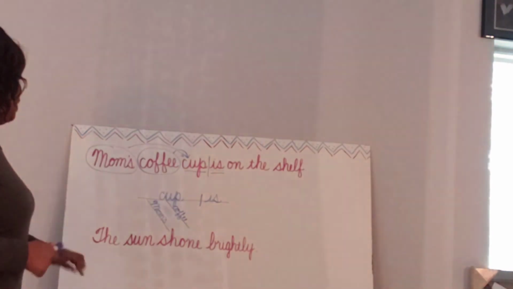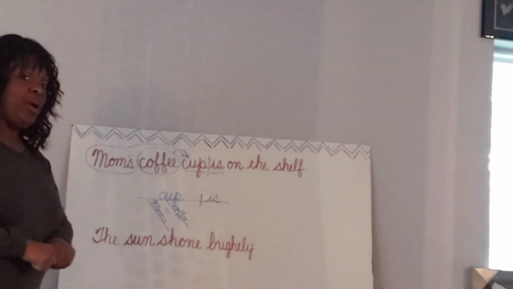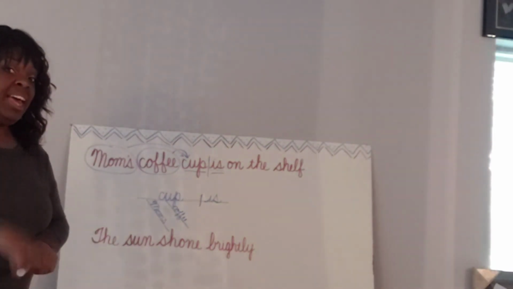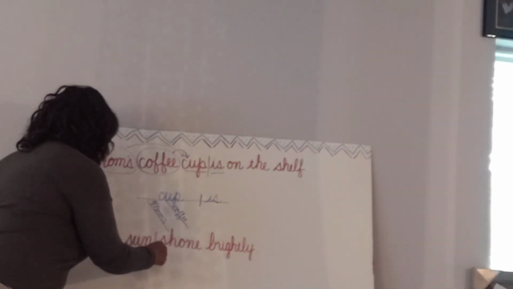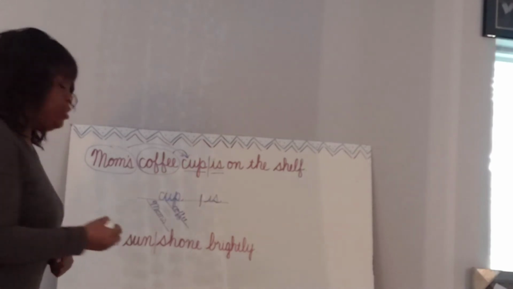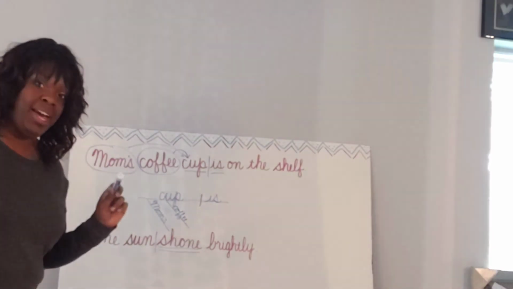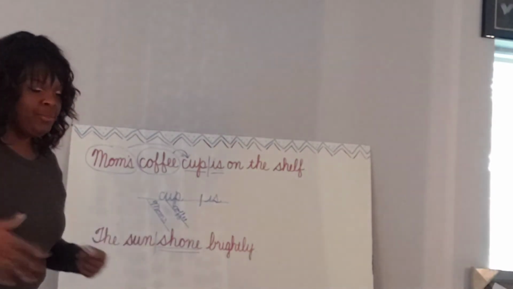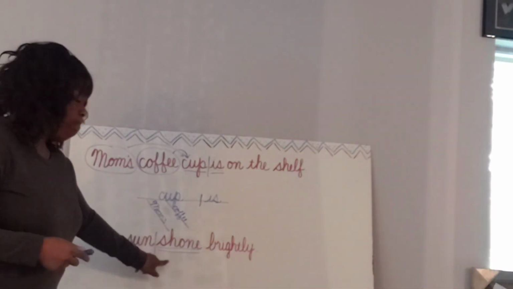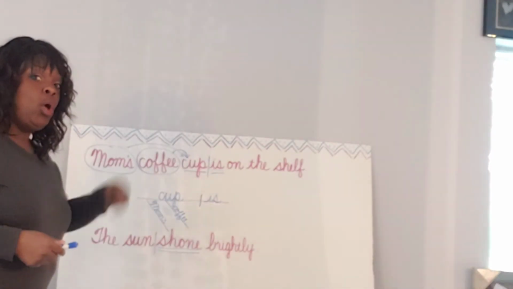In the sun shone brightly, where is that going to be? After sun. Very good. Because what is shone? Shone is our verb. It's something you can do. You can shine, okay? Or lights can shine, okay? But shone, okay? And then we ask who or what shone?